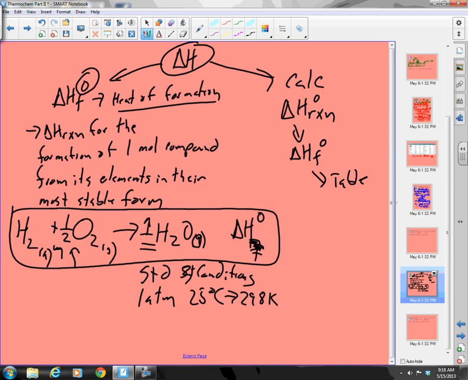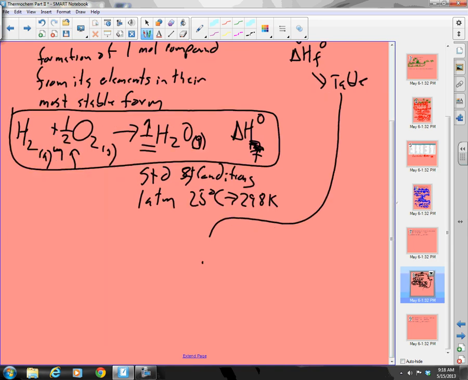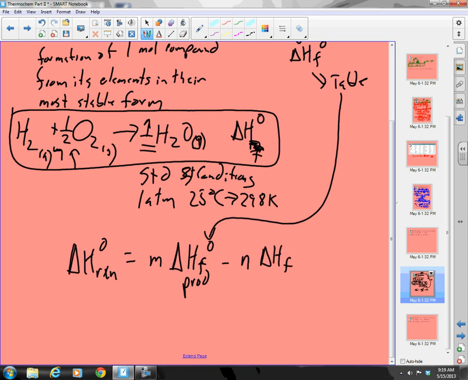And how can we apply this? Let's go down here where we have more space. My standard heat of reaction for a reaction is equal to M, or some other unknown variable, times the standard heat of formation for my products, minus N times the standard heat of formation of my reactants.